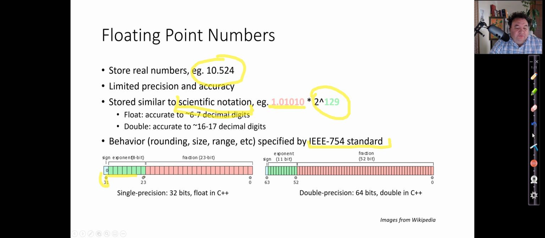There are a few bits, 8 or 11, depending on the particular representation, devoted to the exponent. And then there is the fractional part, better known as the mantissa, that in the float will be 23 bits, and in the double will be 52.